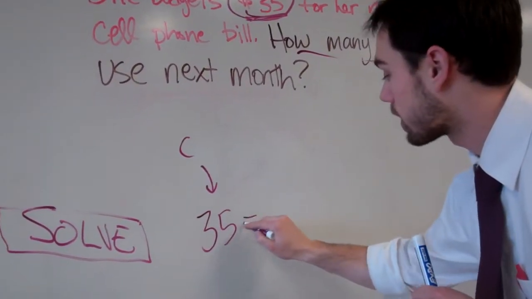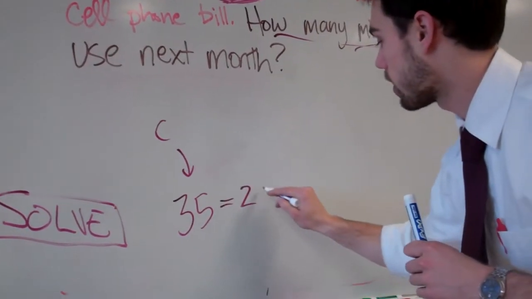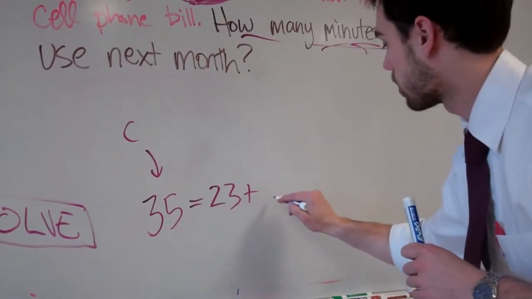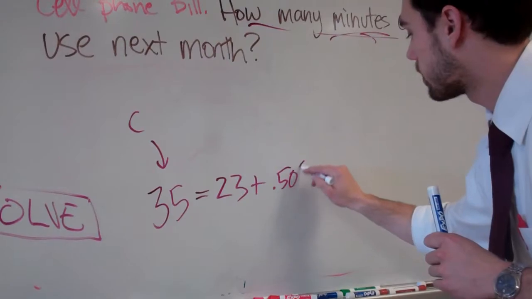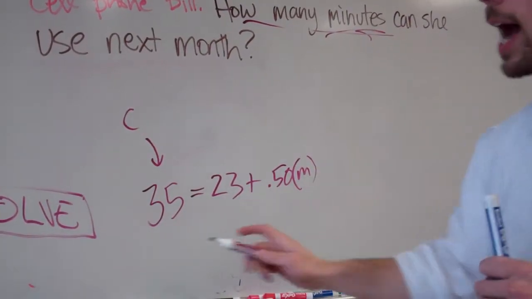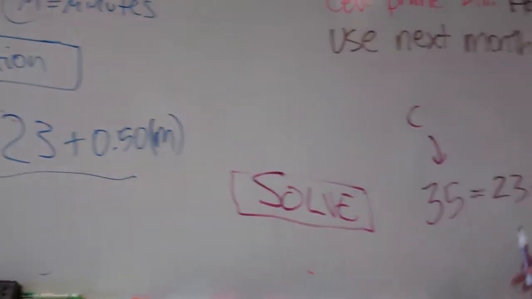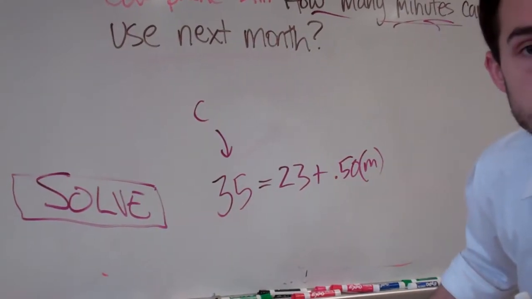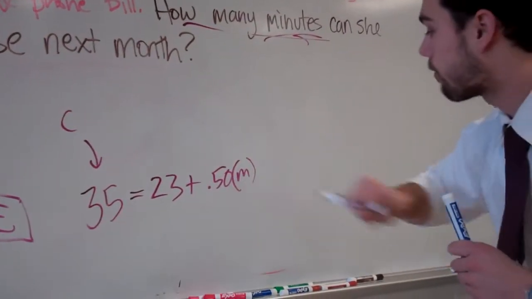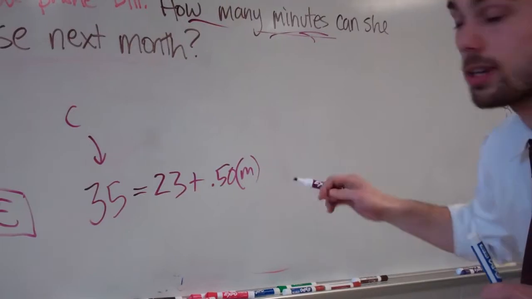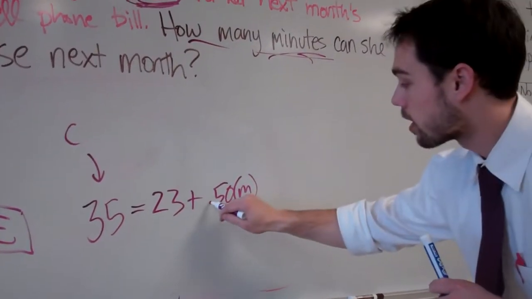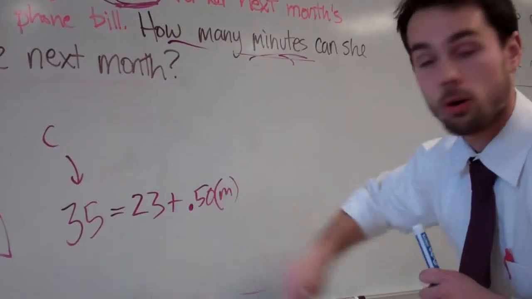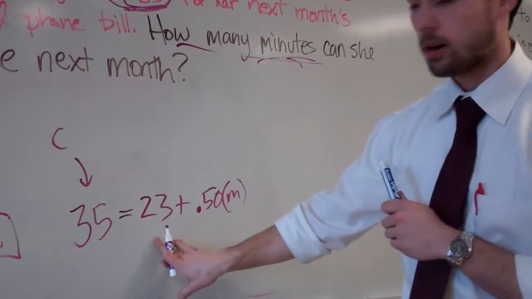We got to set that equal to 23 plus 0.50 times M. Notice the difference. I did 0.50 here. I did 0.50 here. It's the same darn thing. So 0.50 times M, you may see it written differently on the test. Just remember, you got a decimal point out here. You can write a 0 if you want. All right? Back to our solution.